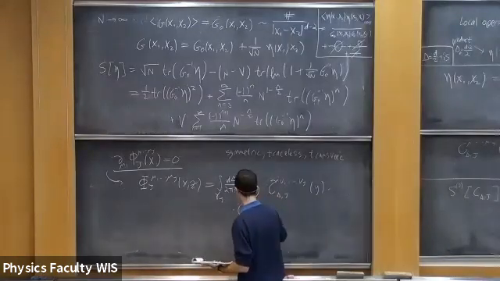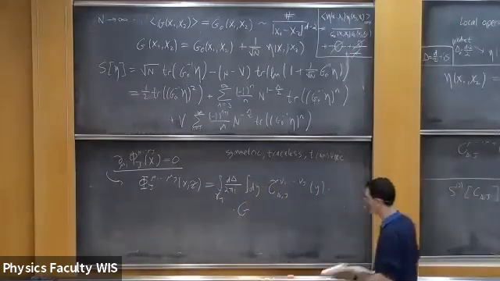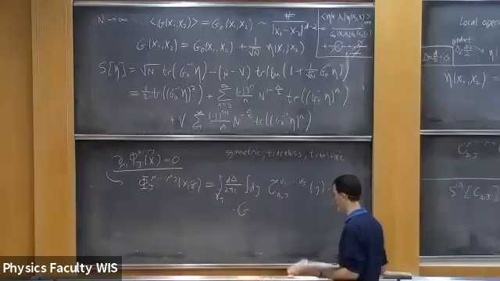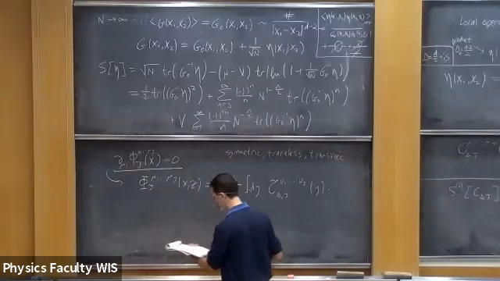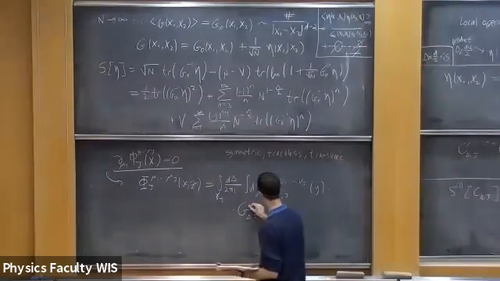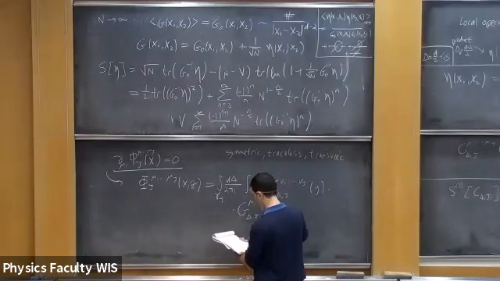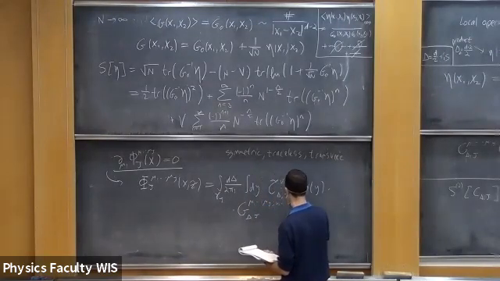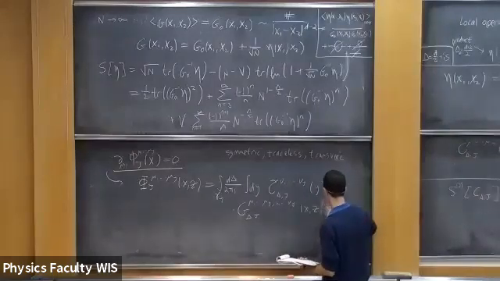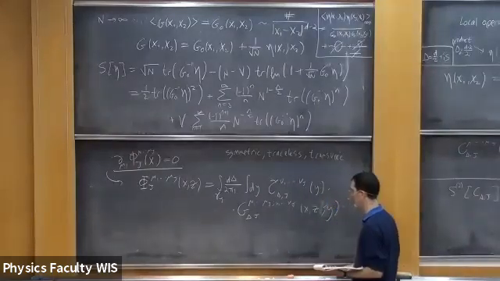The objects that transform in these irreducible representations in the decomposition of this bulk field are just these bulk-to-boundary propagators that have two sets of indices, between some bulk point labeled by x and z and some boundary point y in anti-de Sitter space.